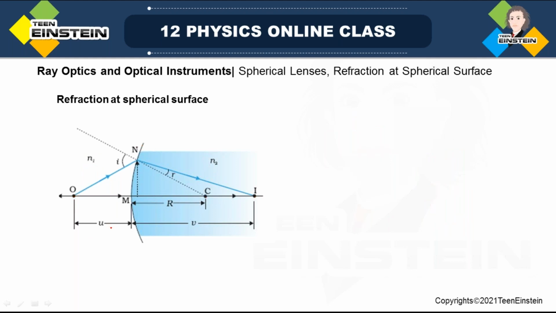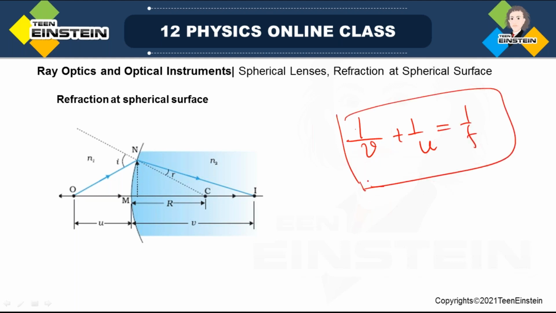So anyway, we have already learned the mirror formula. We have learned that 1 by V plus 1 by U, this is the mirror equation in fact, is equal to 1 by F. This we have learned in case of mirror. Actually, at this stage, in your 10th standard, you have just used this formula.